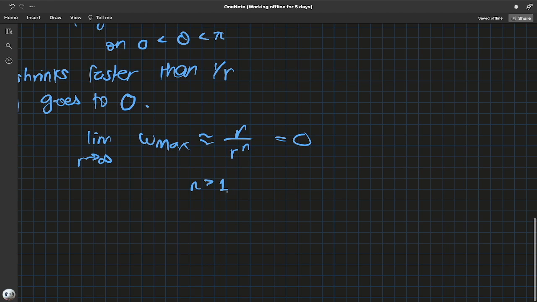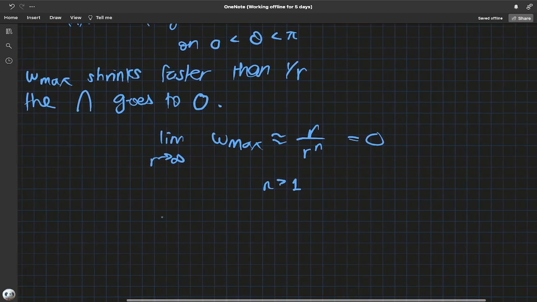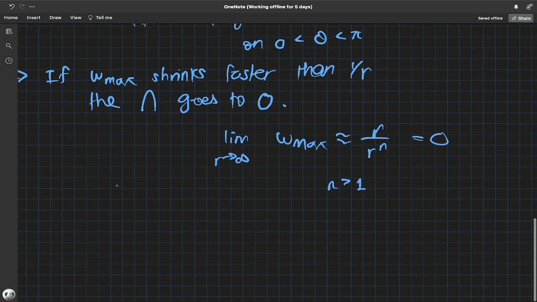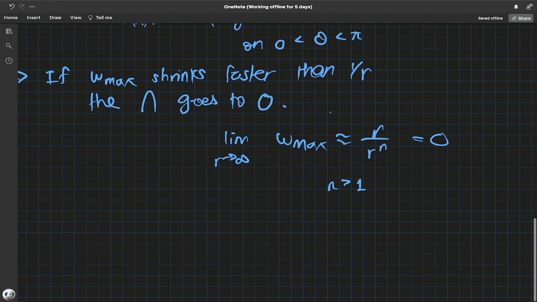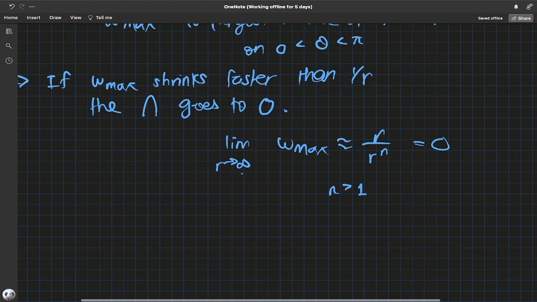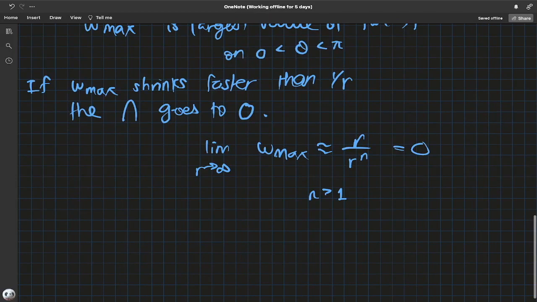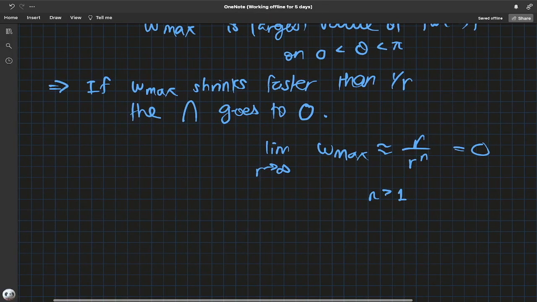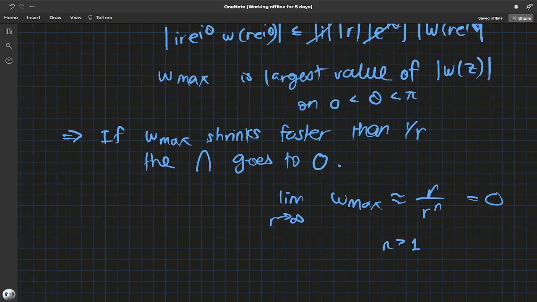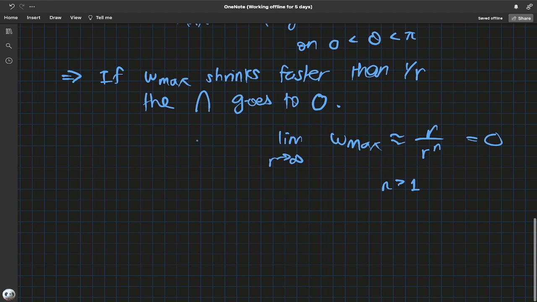If it's equal to 1, we'll have something that's finite but not really 0. We want it to go to 0. So as I said, w max should shrink faster than 1 over r. So it should be 1 over r squared, 1 over r cubed, or another more negative power. So this is basically the condition we have, and every time we need to check whether this condition is satisfied. This is what we call the estimation lemma, which is a special case of Jordan's lemma.